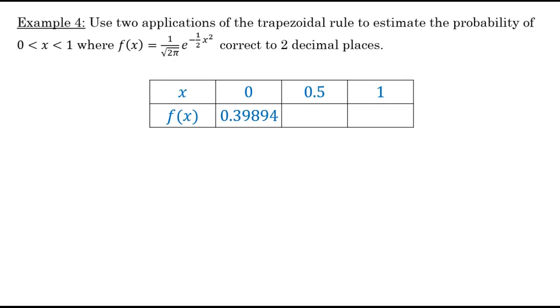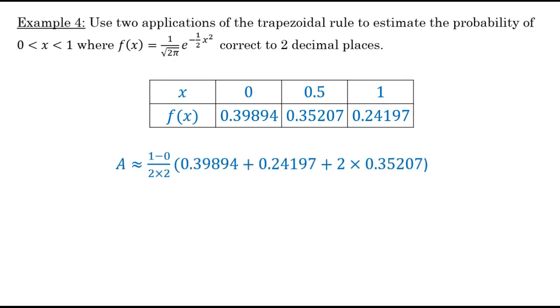You'll notice I'm not using exact values here because, look, it's only an approximation, so a good number of decimal places is just fine. At 0.5, substitute that in, and 1. I'm after an answer correct to 2 decimal places, and I'm carrying a few extras there.